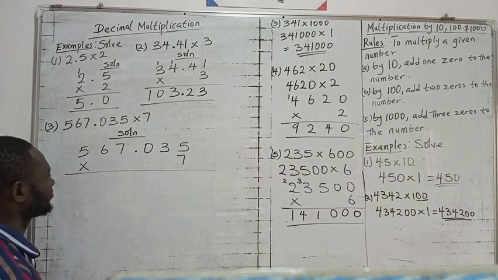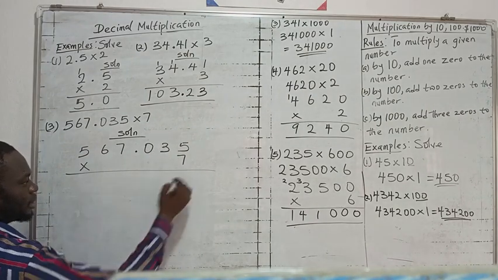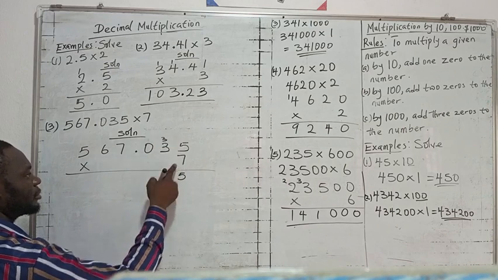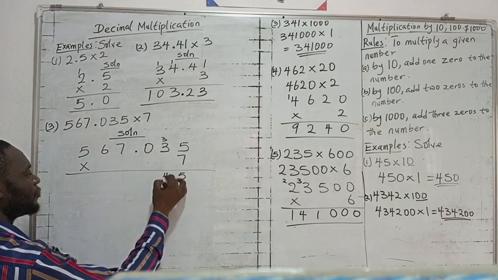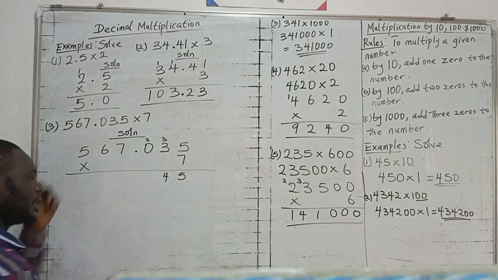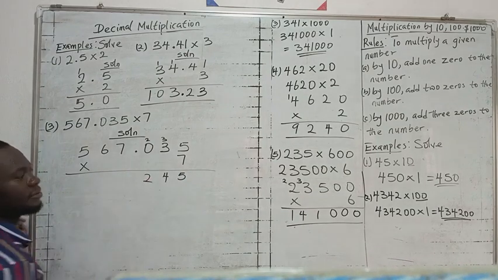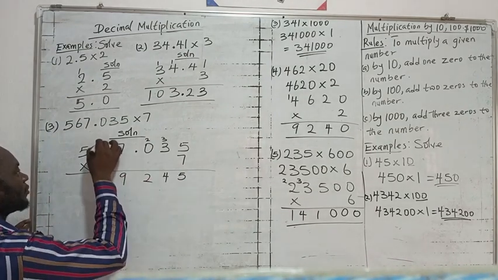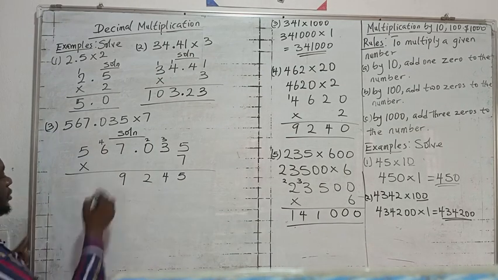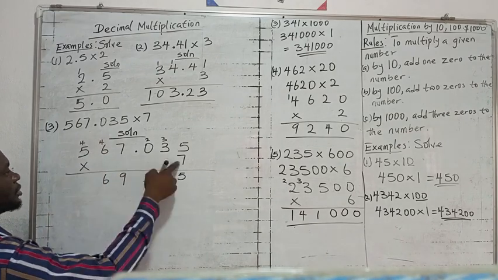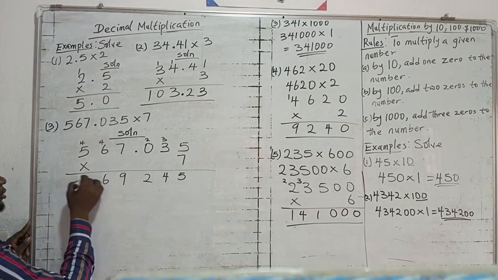So let's multiply. 7 times 5, 35. 5 carry 3. 7 times 3, 21 plus 3, 24. 4 carry 2. 7 times 0, 0 plus 2, 2. 7 times 7, 49. 9 carry 4. 7 times 6, 42 plus 4, 46. 6 carry 4. 7 times 5, 35 plus 4, 39.